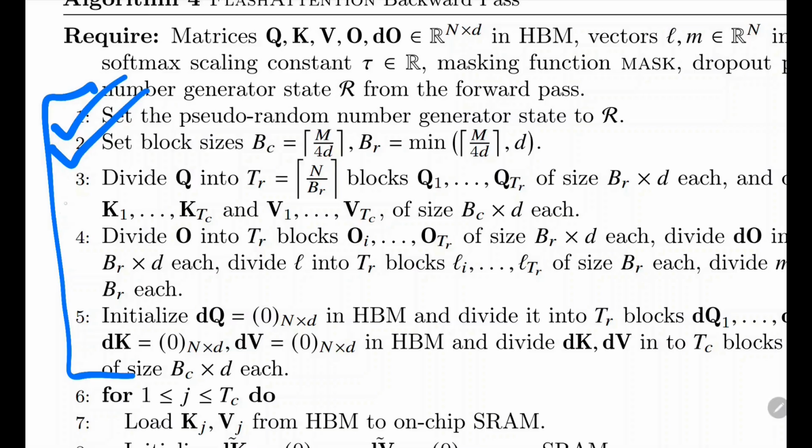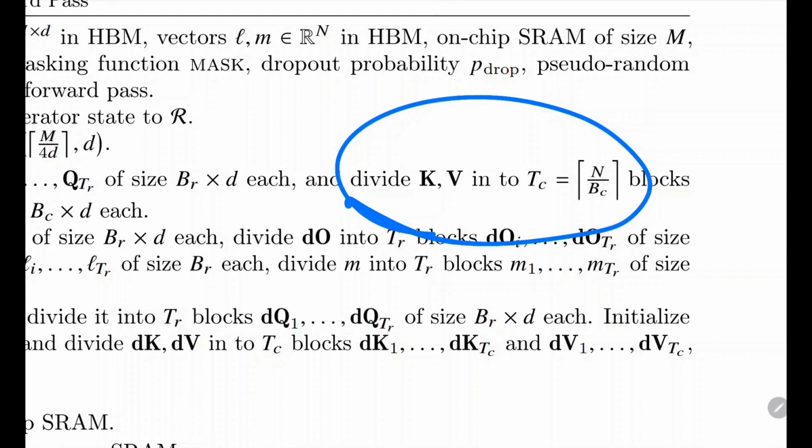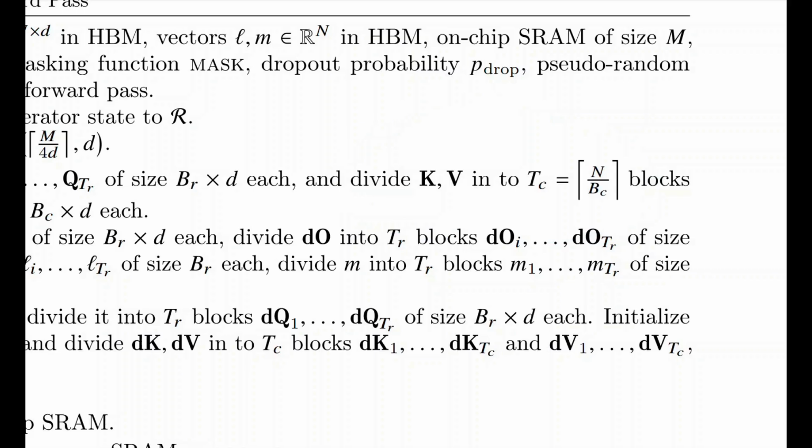Using this in steps 3 and 4, we partition Q, K and V into the ceiling of n by BC blocks. Thus, TC is the number of column blocks to cover all n tokens.